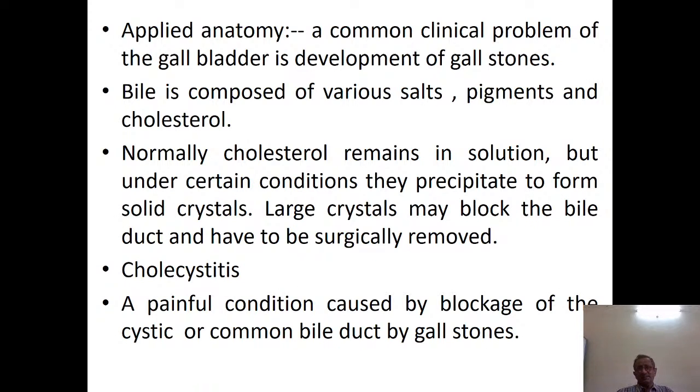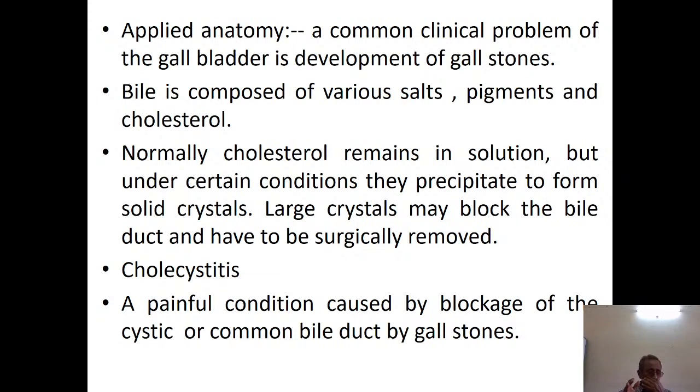Then applied anatomy. In the extrahepatic biliary system, we have seen that two hepatic ducts come, one from the right and one from the left, forming a common hepatic duct. The common hepatic duct comes outwards towards the duodenum, and midway it is joined by the cystic duct from the gallbladder at right angles on its right side.